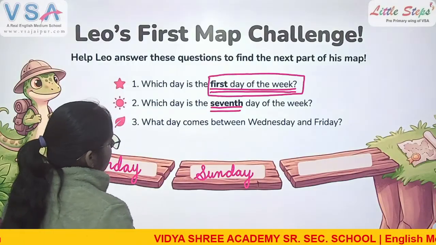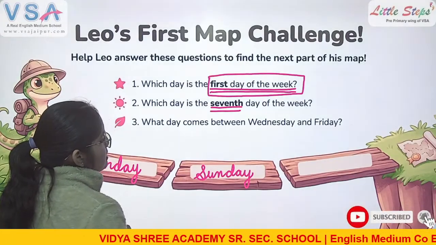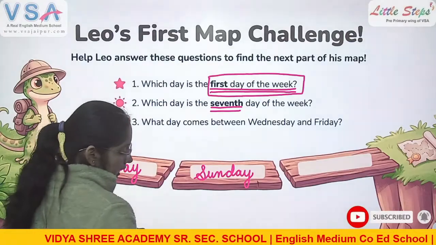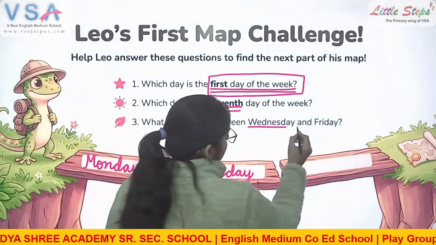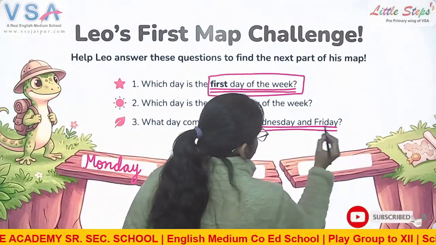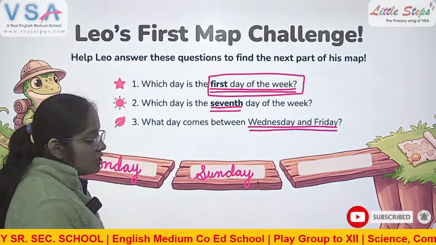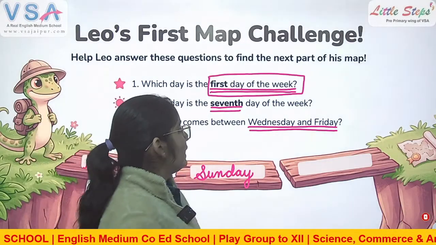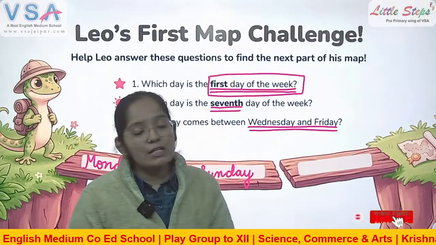What day comes between Wednesday and Friday? Wednesday और Friday के बीच में कौन सा डे आता है? आप में से कौन मुझे बताएगा which day lies between Wednesday and Friday? Between means बीच में.